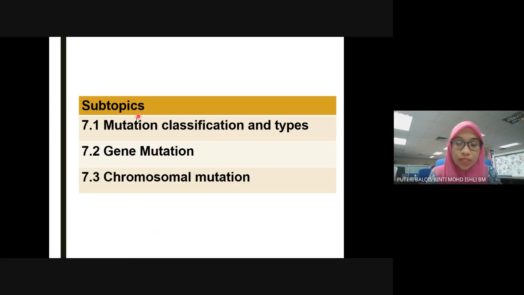Okay, so for today, we only going to discuss 7.1 mutation classification and types. Tengoklah kalau macam sikit je kita sambunglah 7.2 mungkin the surface saja, tak ada pergi details. 7.3 tak, kita sambung minggu depan.